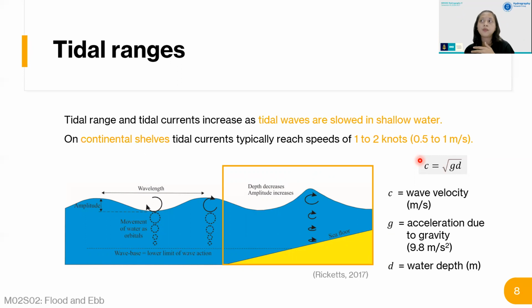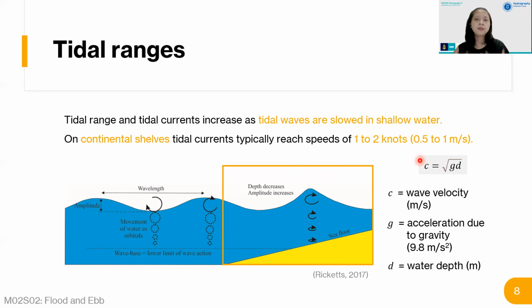When you go to shallower water, your seafloor is your limitation, which causes the wave velocity to slow down, and then you've got more tidal range, and then you basically have more tidal current.